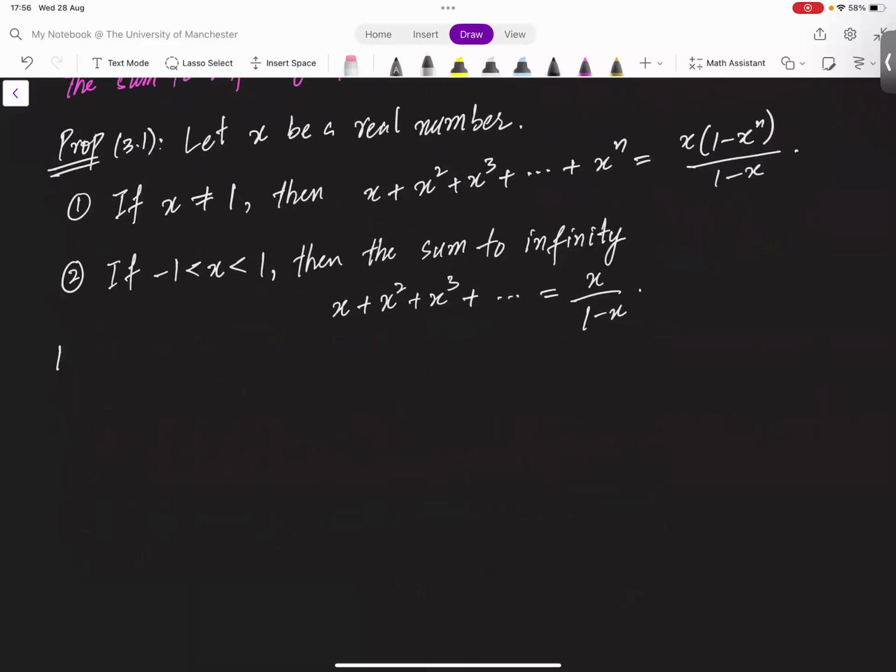So let's prove part 1. Let Sn be the series x plus x squared and so on up to n terms.